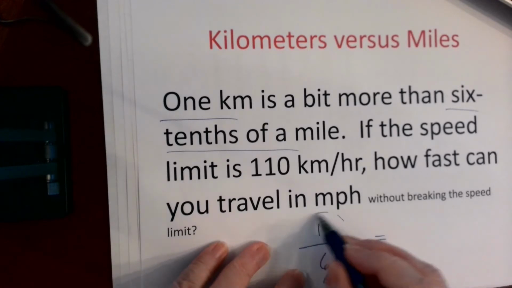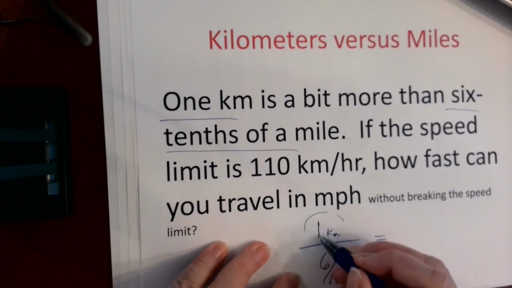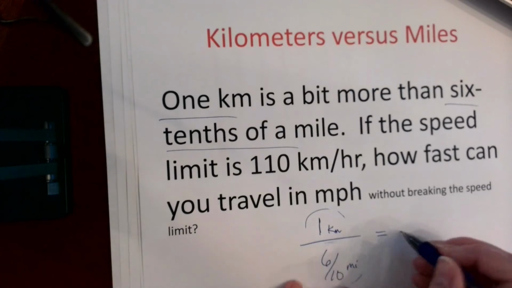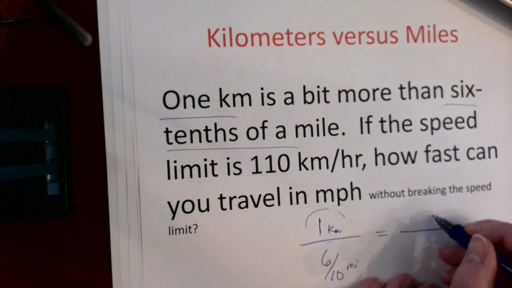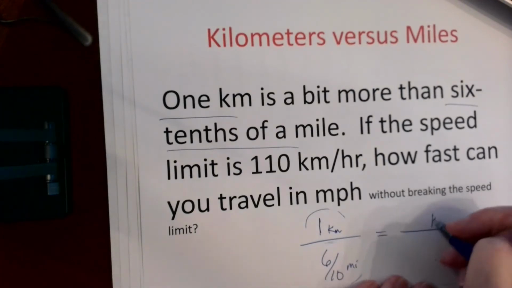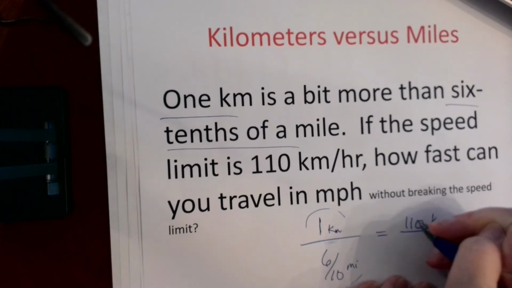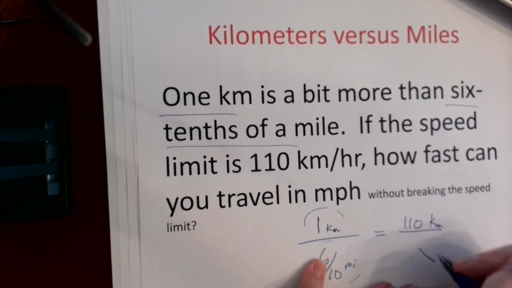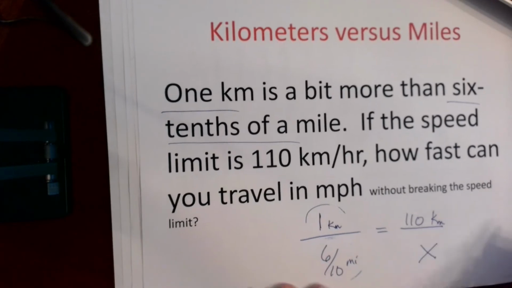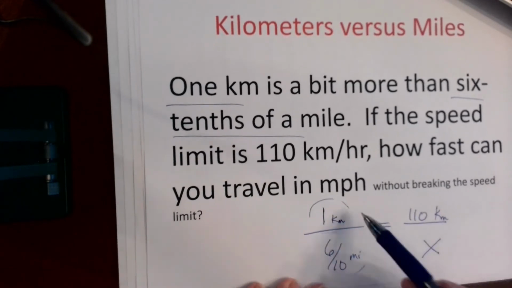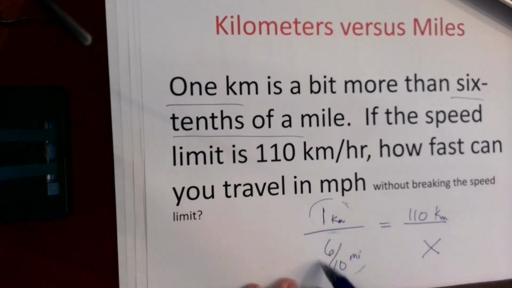Notice we have kilometers compared to miles. Kilometers to miles. We'll do the same thing over here. Kilometers to miles. This will be 110 kilometers, and I don't know how many miles, but that'll be my proportion. Here's the rhythm: kilometers to miles, kilometers to miles.